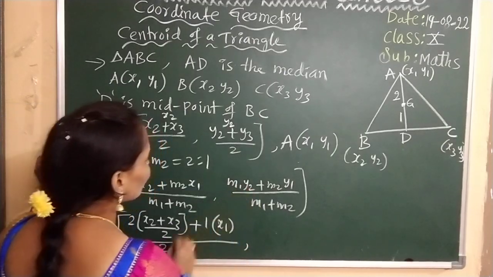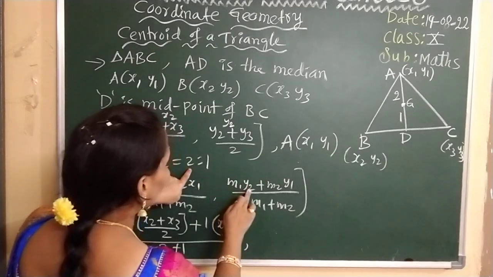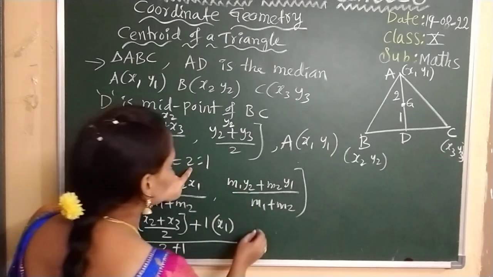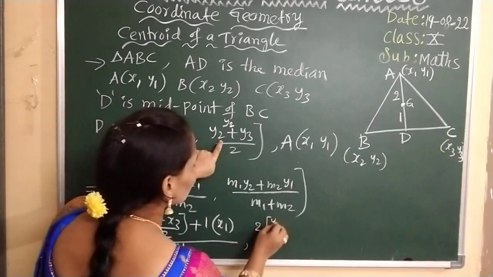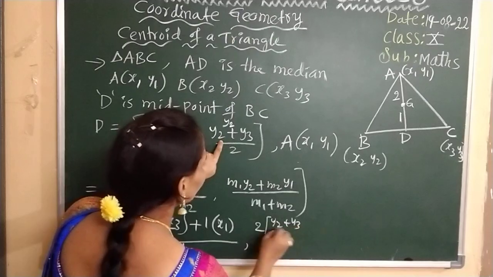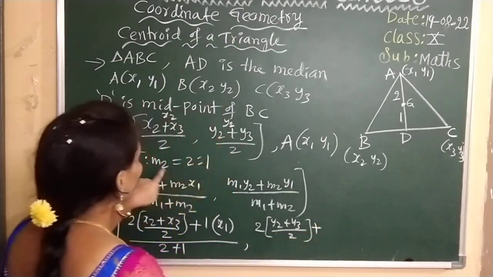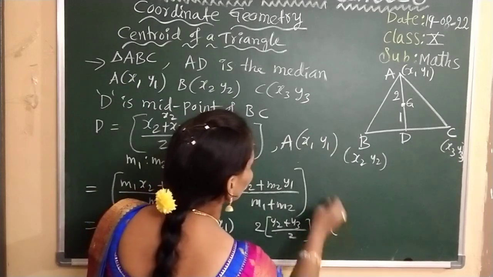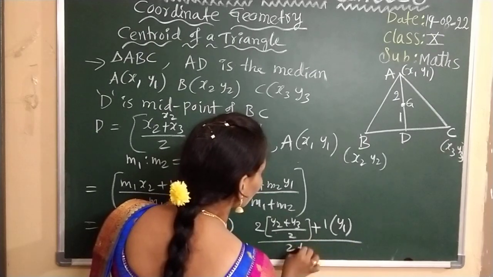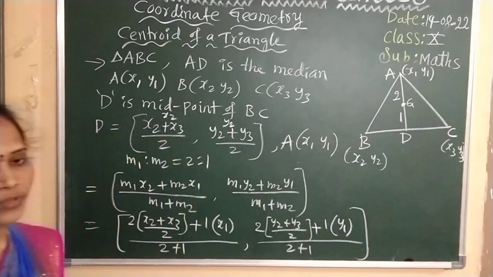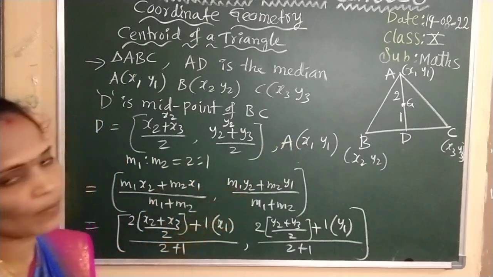Next, m1 y2, where m1 is 2 and y2 is (y2 plus y3) divided by 2, plus m2 is 1 into y1, divided by 2 plus 1.